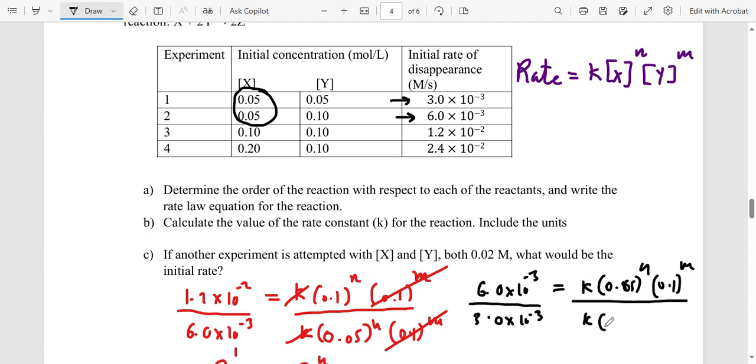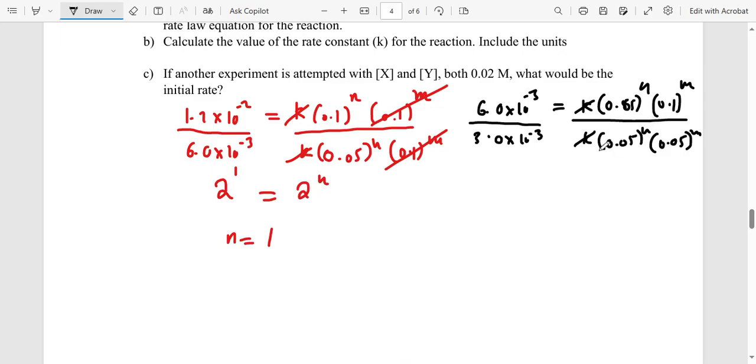That will be equal to K. Concentration of X, 0.05 raised to the power N. Concentration of Y, 0.05 raised to the power M. So K cancels with K, and 0.05 also cancels with 0.05. 6 divided by 3, that's a 2. 0.1 divided by 0.05, that's also a 2. So you can see that M is also equal to 1.